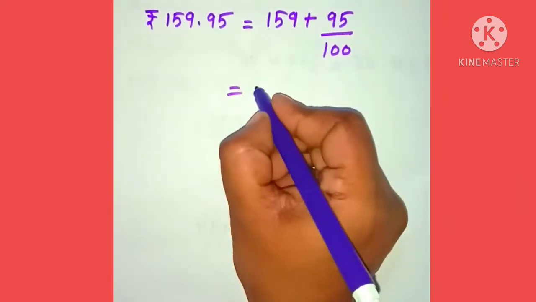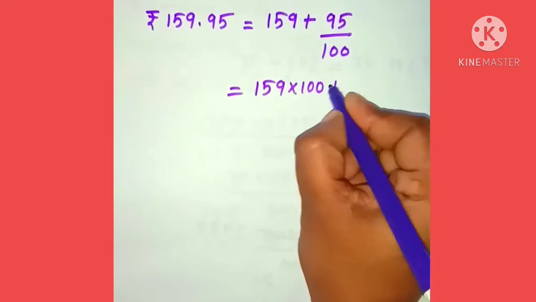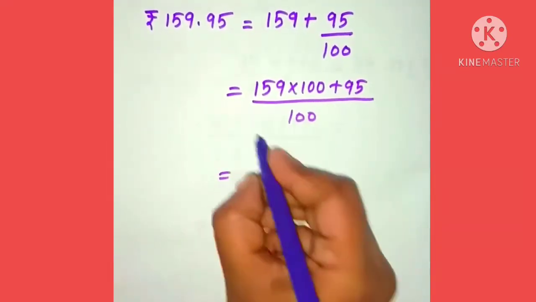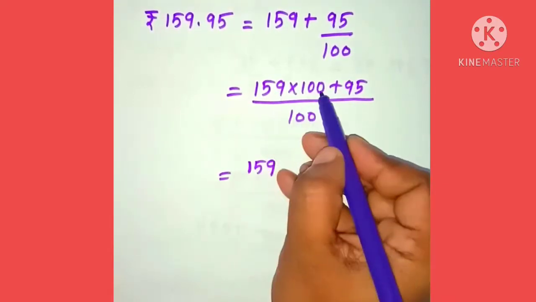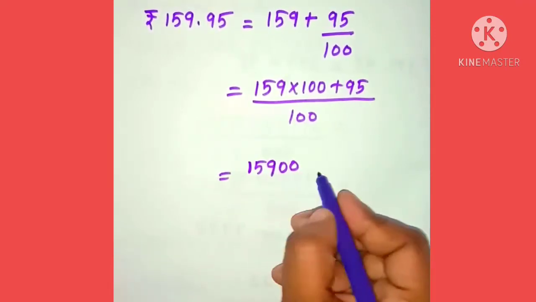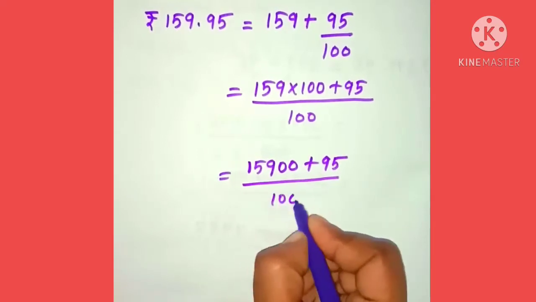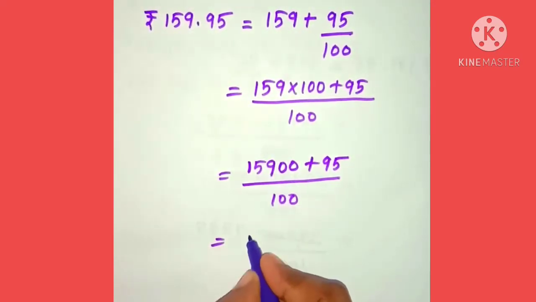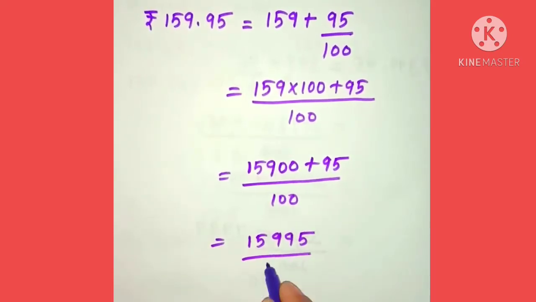Now taking LCM, 159 into 100 plus 95 by 100. Multiplying 159 with 100, we get 15,900 plus 95 by 100. While adding these two numbers, we get 15,995 by 100.